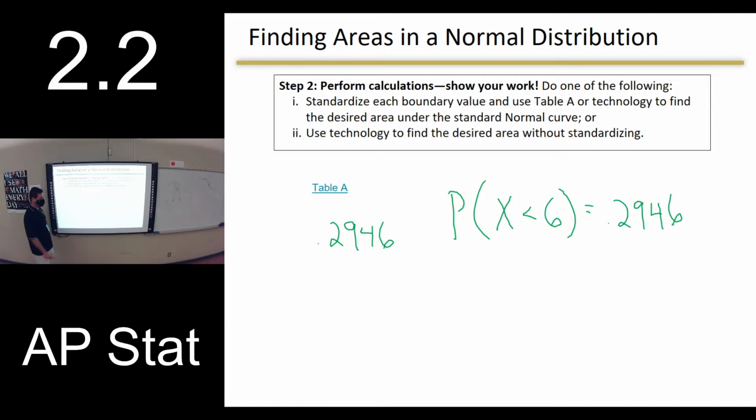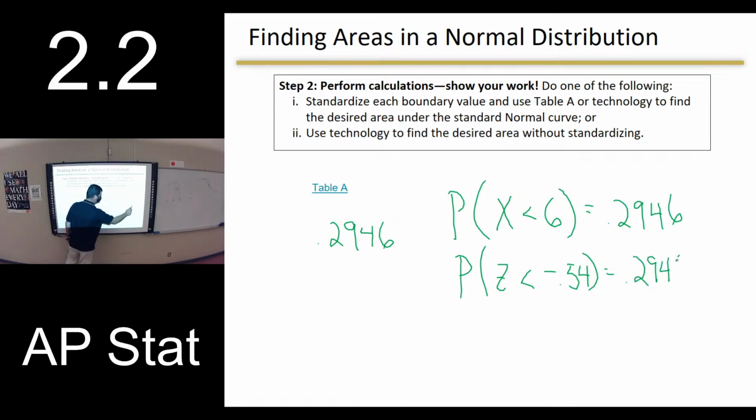If you didn't want to put that and you wanted to put the probability that z was less than negative 0.54, that's okay also. Either one of those two are fine. If you want to put both, put both.